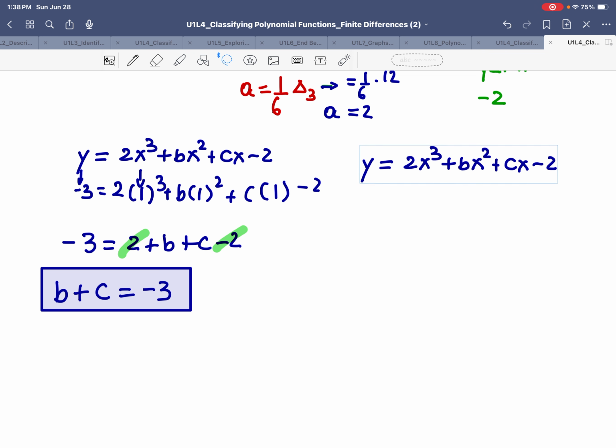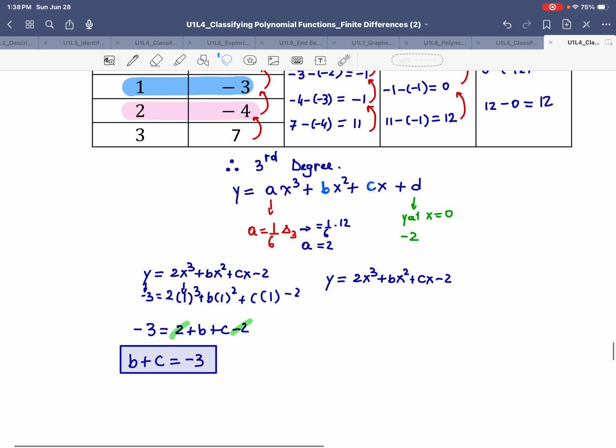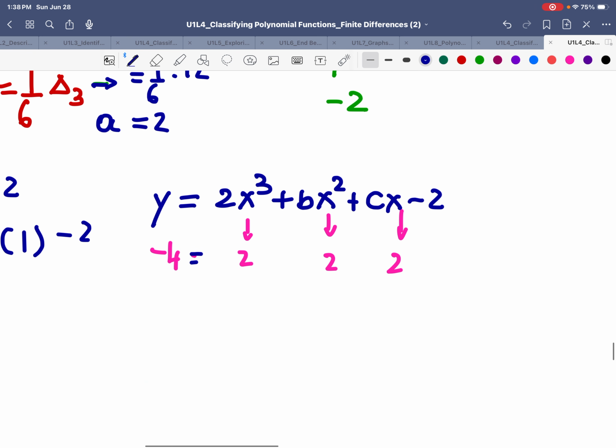So we're using this time point 2 and negative 4. So x is equal to 2 and y will be equal to negative 4. And that will change up our equation to become negative 4 equals 2 times 2 to the power 3 plus b times 2 to the power 2 plus c times 2 minus 2.